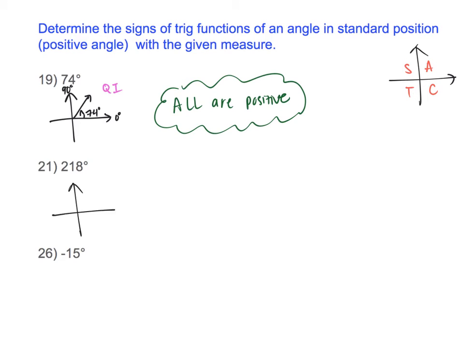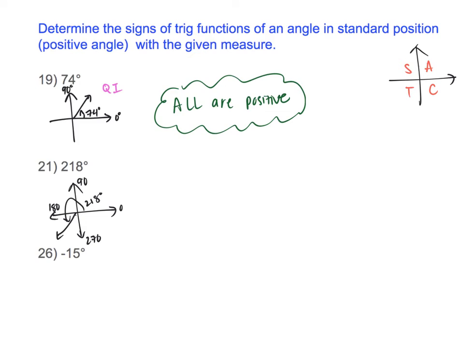So this one here, 218, okay? So this is 0, 90, and then if you're on this side here, that's going to represent 180, and then down here 270, right? So in this case, this angle is down here between 180 and 270, so that's in the third quadrant.